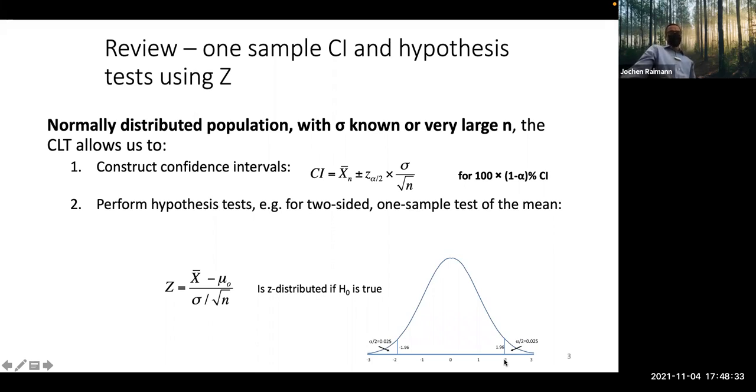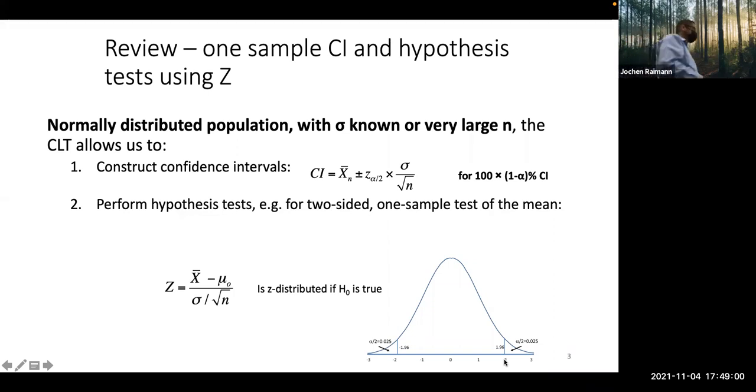So we have a one-sample confidence interval and hypothesis tests using the z-test. It's basically that you have an underlying normally distributed population with a known sigma and a very large n, or clearly normally distributed data. You can construct the confidence interval, and this formula is really important.